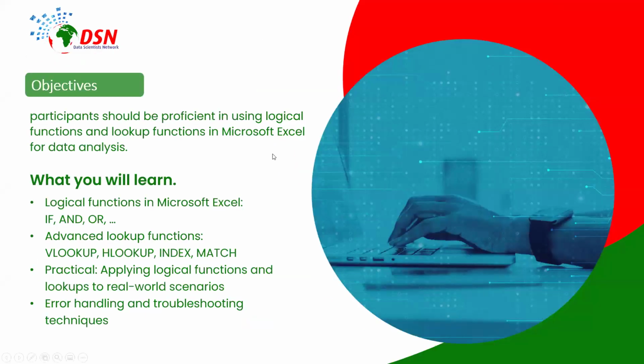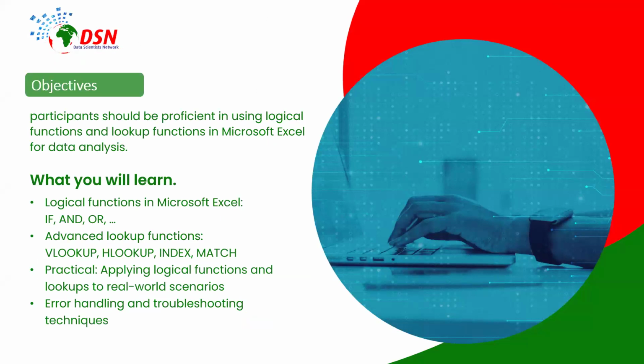So, what are the objectives for this lesson? By the end of this lesson, you and I should be proficient in using logical functions and lookup functions in Microsoft Excel for data analysis.